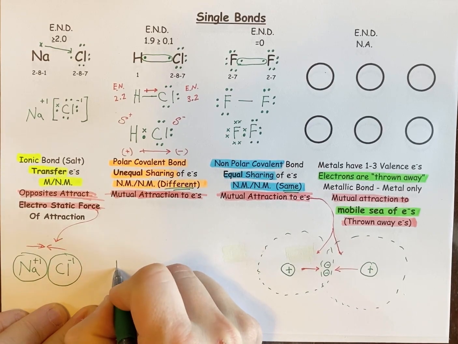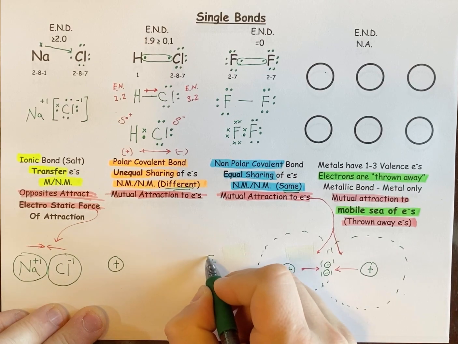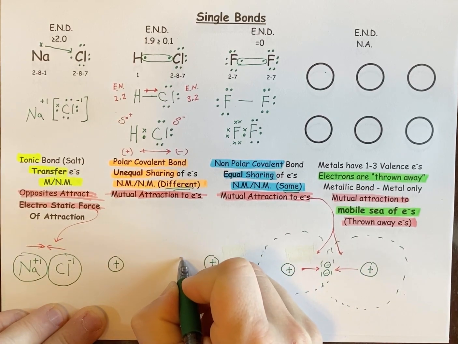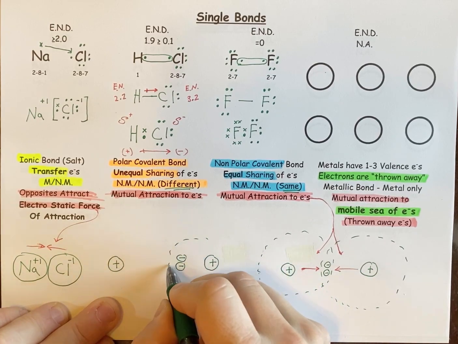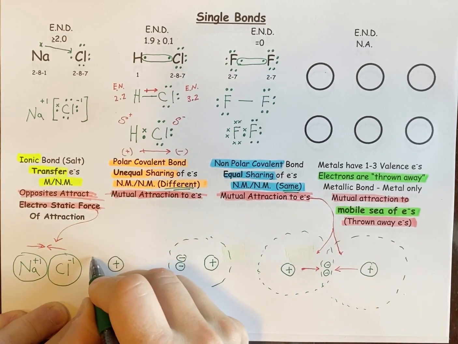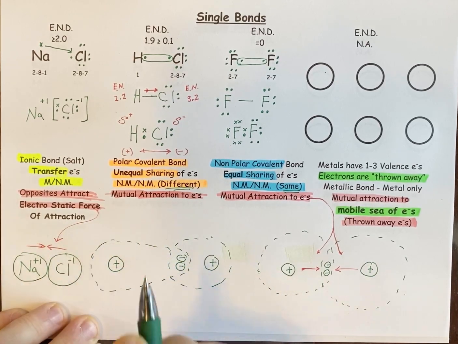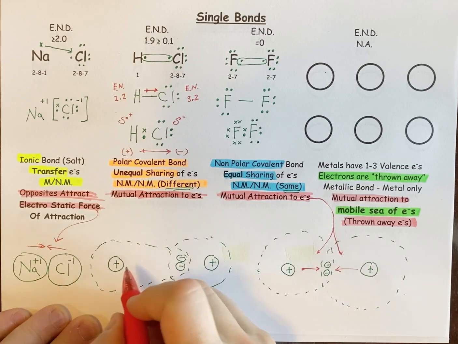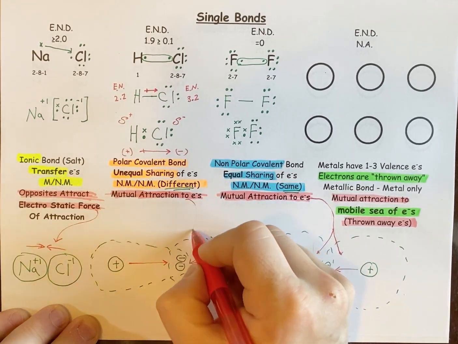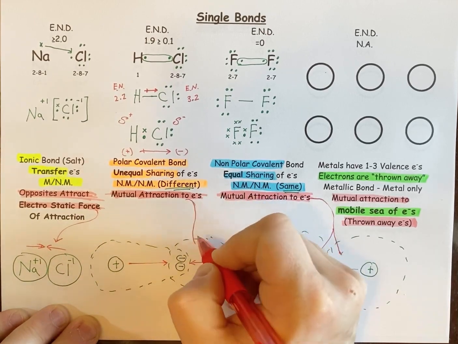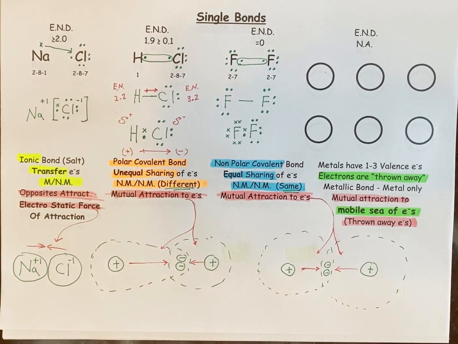So it would look like this. I'll put my two elements here and here. And then I'll put the electrons all the way over here. And then you'll see this a lot. Okay, and so they are sharing, and that's the mutual attraction to the electrons.